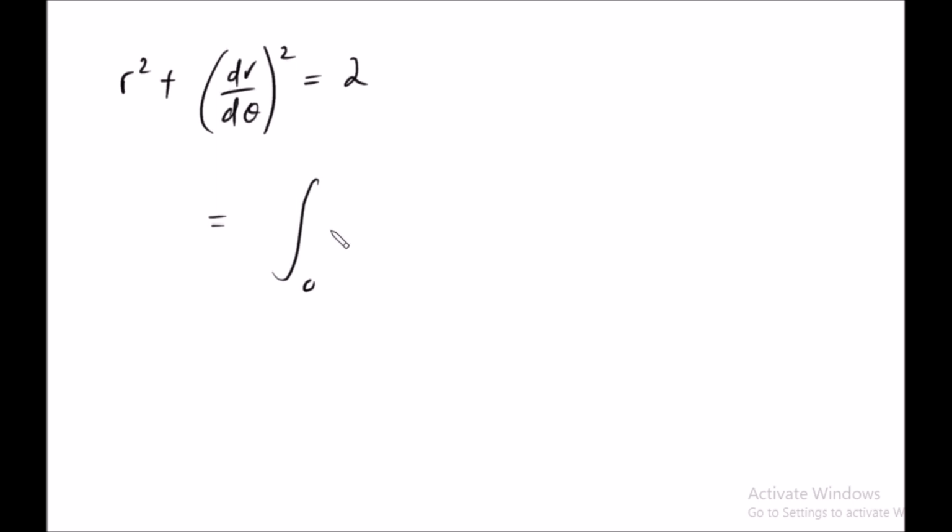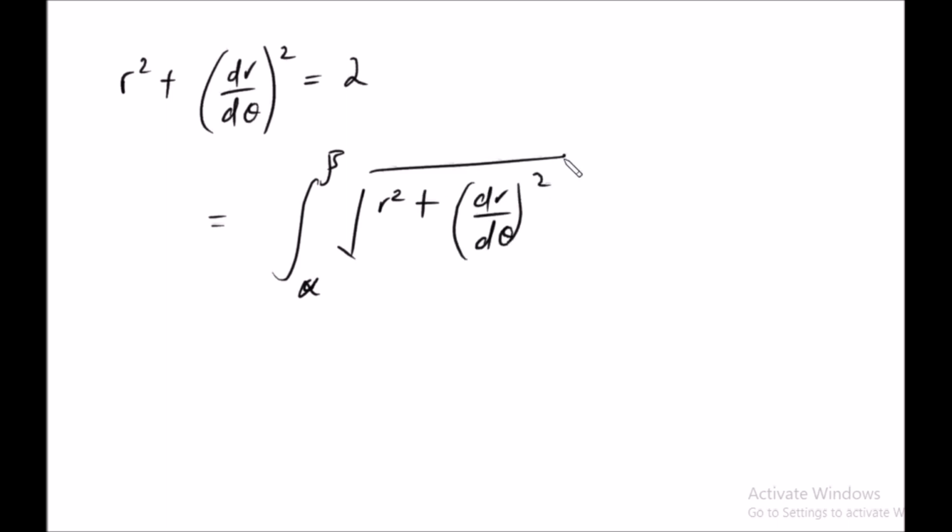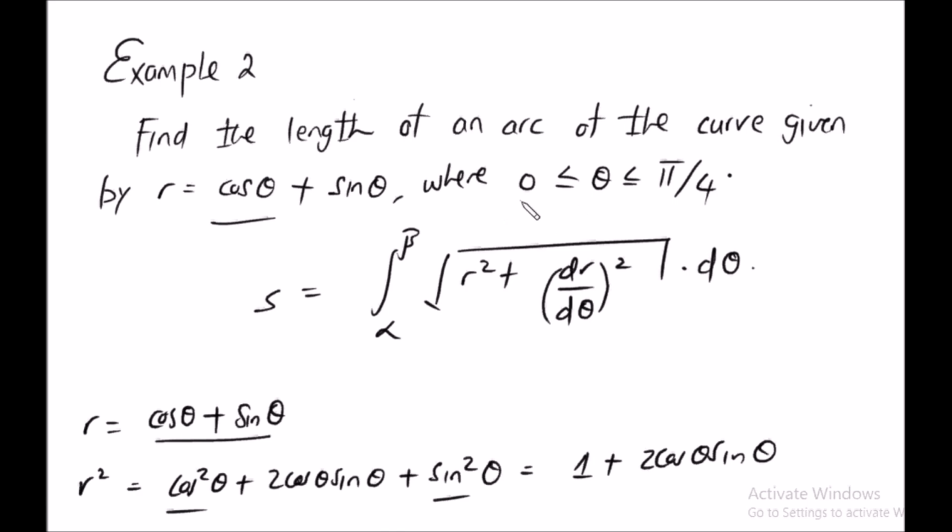So tuna integrate from alpha to beta, huyu square root of r squared plus (dr/d theta) squared with respect to theta. Sasa humu ndani tuna 2, alpha na beta je? Alpha ni 0 na beta ni pi over 4. So alpha is equal to 0 and beta is pi over 4.